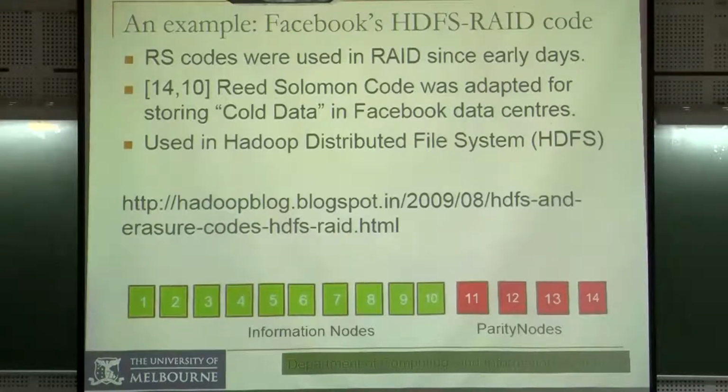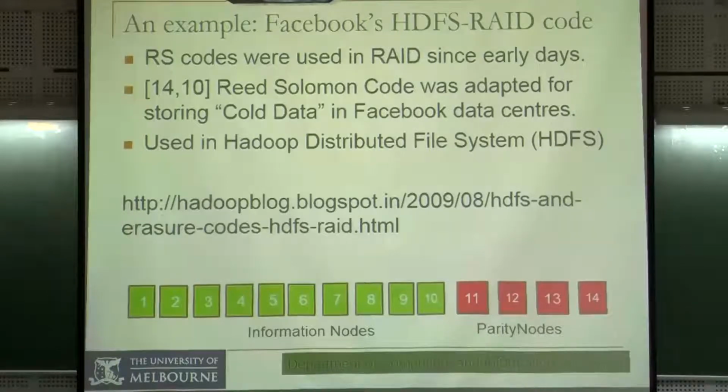I'm just telling you; we'll understand the parameters of these codes and how they are used more clearly once we go through a bit more of the computing. The Reed-Solomon code was adopted for storing cold data in Facebook storage nodes, and it is also used in Hadoop distributed file storage.